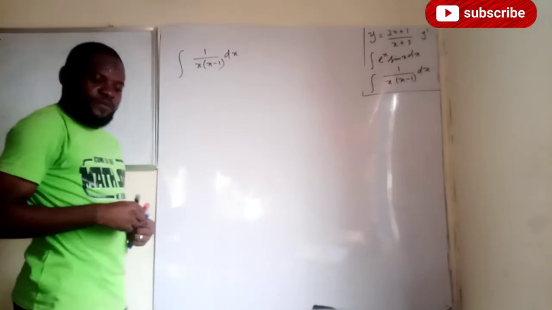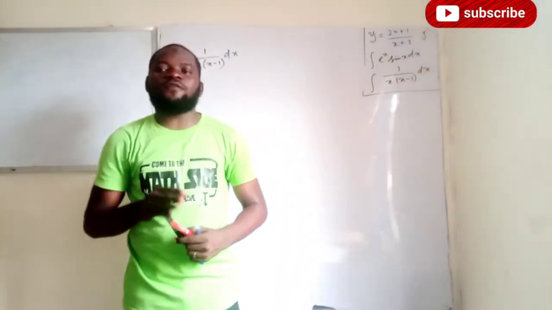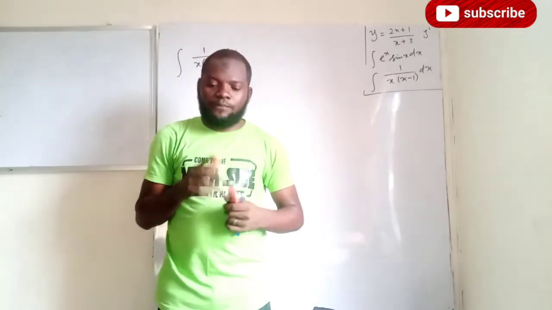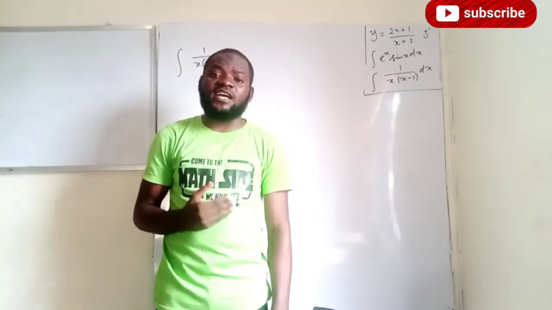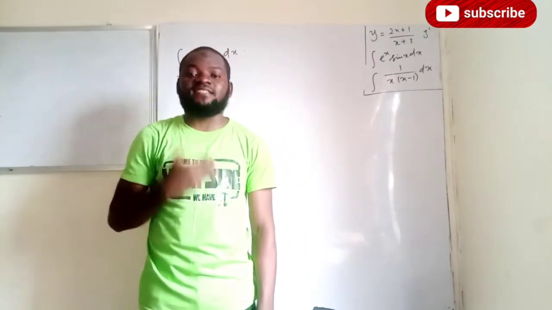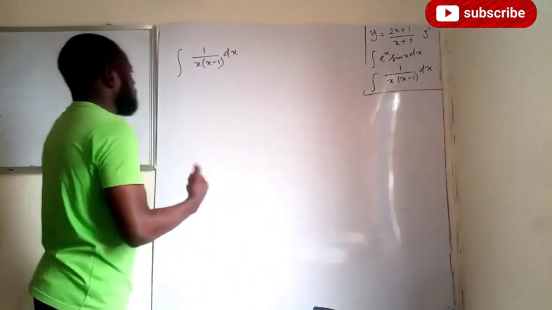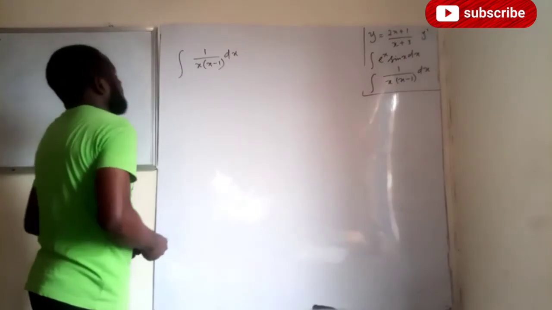Oh, this would have been the toughest one if you don't understand this particular method I want to apply, because we are going to be looking at the sum of infinite series. Instead of looking at the sum of infinite series, we can just take this approach that I'm about to use.